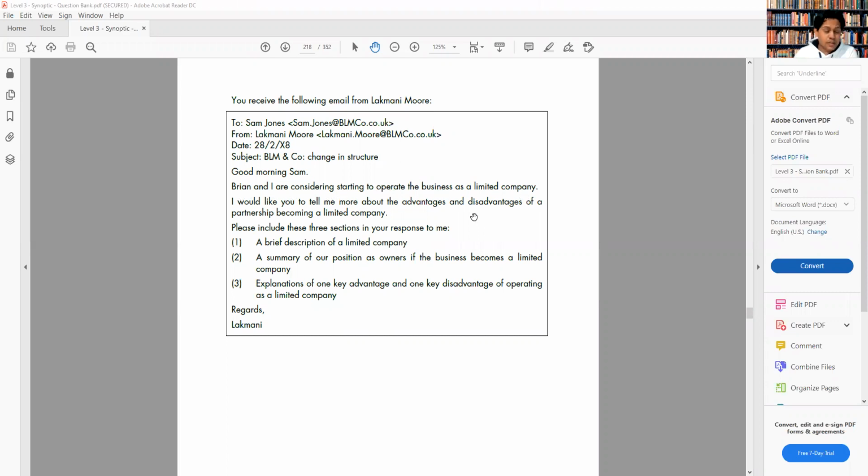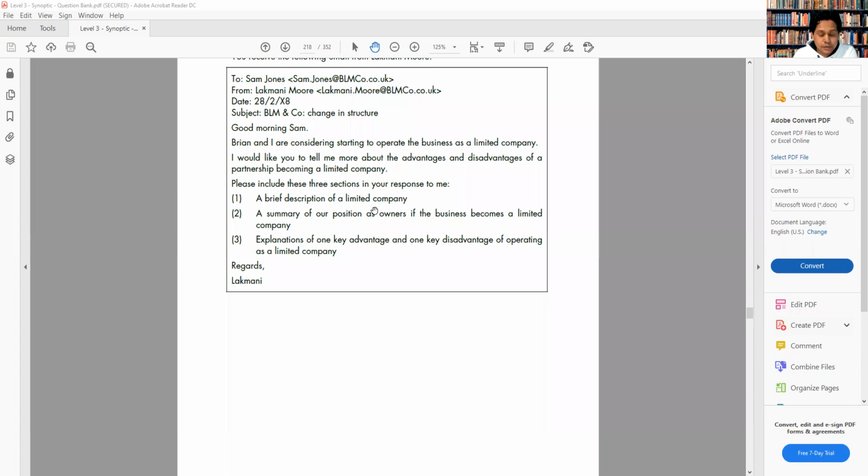So basically now you received an email from your two owners saying they are thinking to open the business as a limited company, because before they were a partnership. They would like you to tell them more about the advantages and disadvantages of a partnership becoming a limited company. So he's asking, can you tell me a little bit about the advantage and disadvantage of a limited company? Please include a brief description of a limited company.